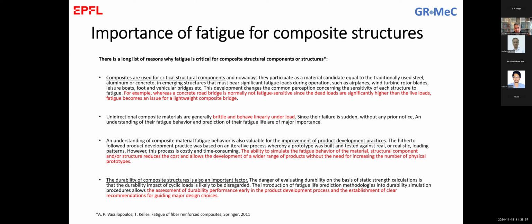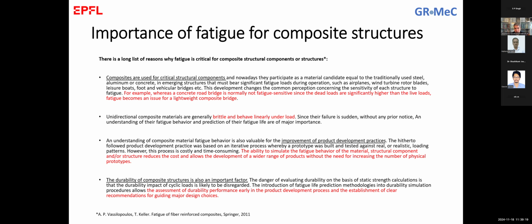Fatigue also is important for composites because they are brittle and behave linearly up to failure. And this makes their failure sudden, without a lot of notice before. We'll see also later on strength degradation criteria or measurements about strength degradation.